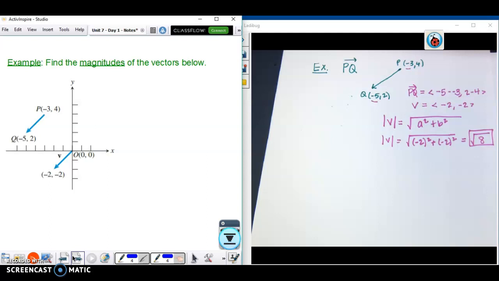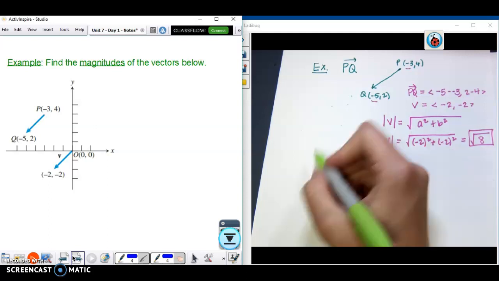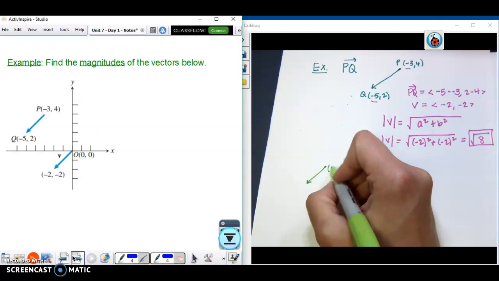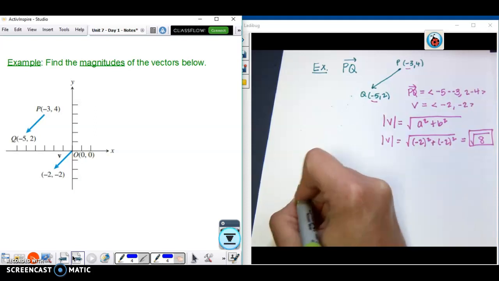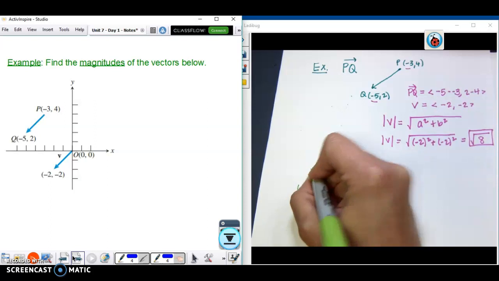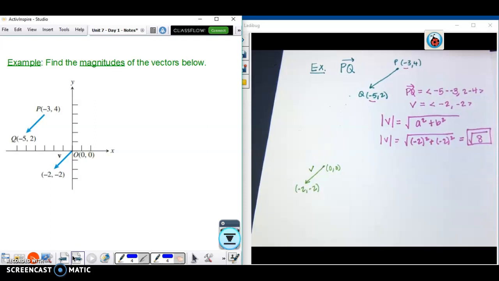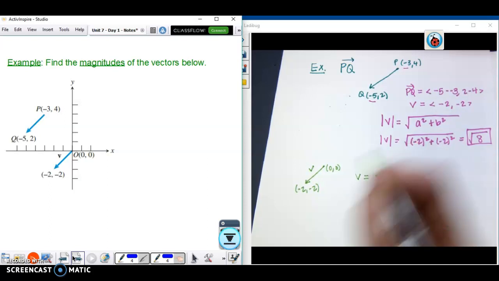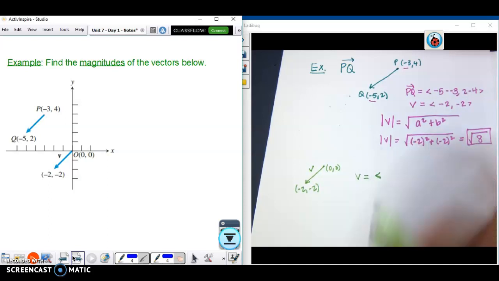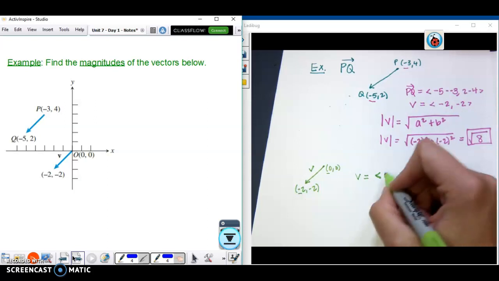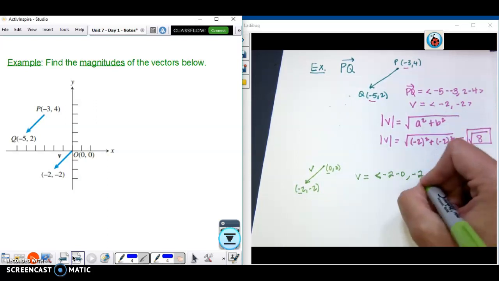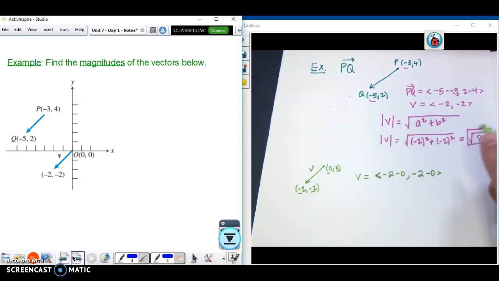Okay? So then we're going to do the same thing for this other vector, which is just called vector V. In order to find the vector first, we need to do the head minus tail rule. So we do negative 2 minus 0 for the x's and negative 2 minus 0 for the y's.